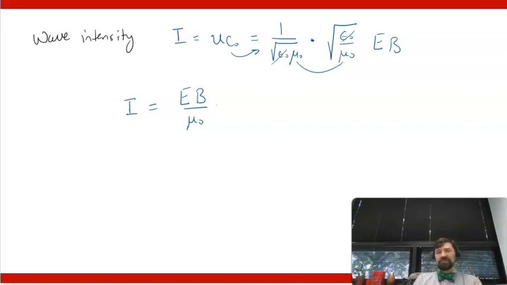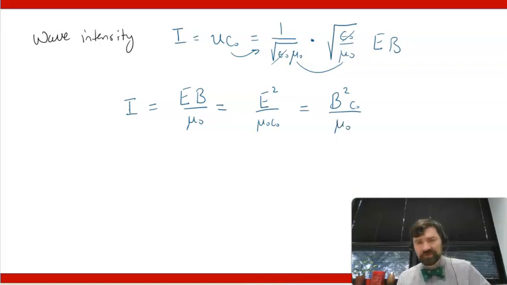That is also equal to E squared divided by mu naught C naught, or also equal to B squared times C naught over mu naught.